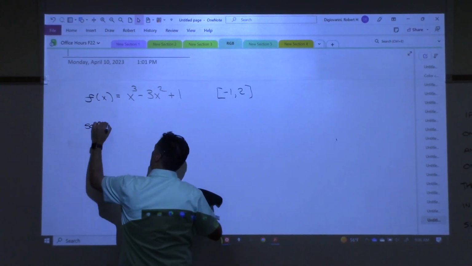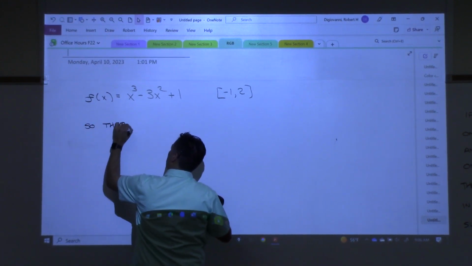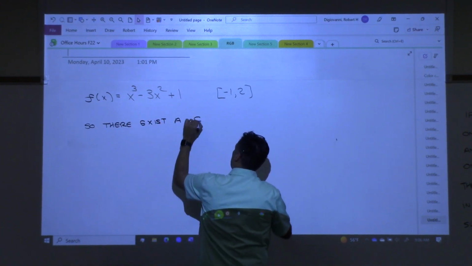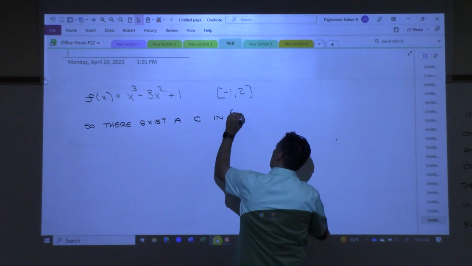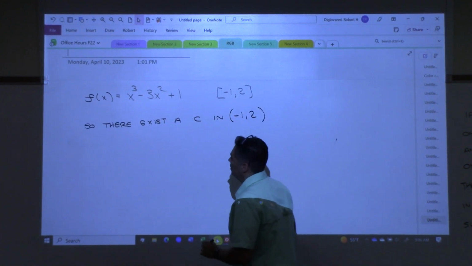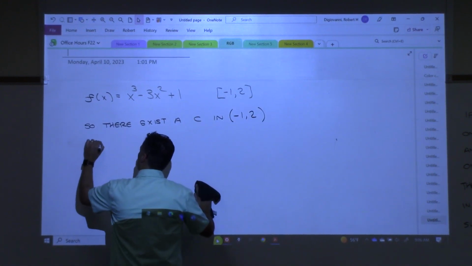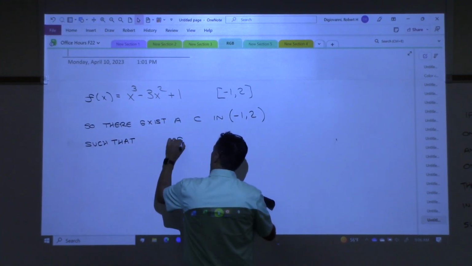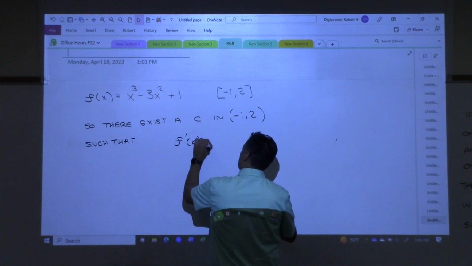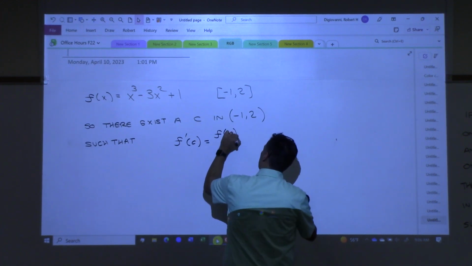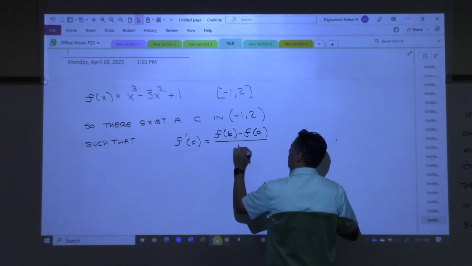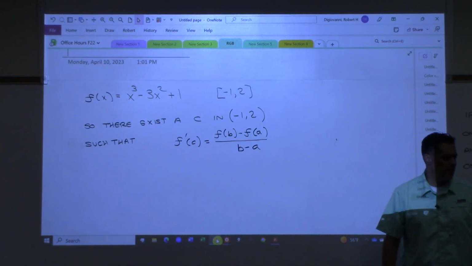There exists a c in the interval -1, 2 such that the following is true. F prime at c must be equal to f of b minus f of a over b minus a. Right? That's what the mean value theorem says should be true.